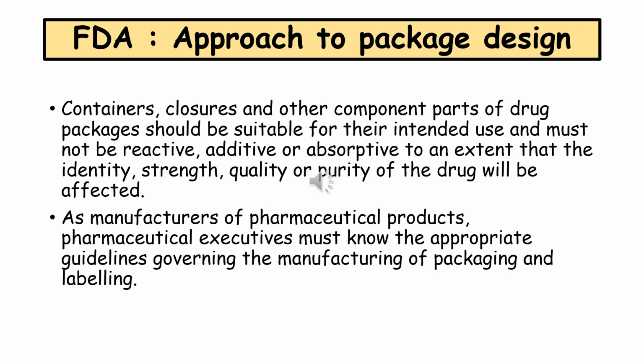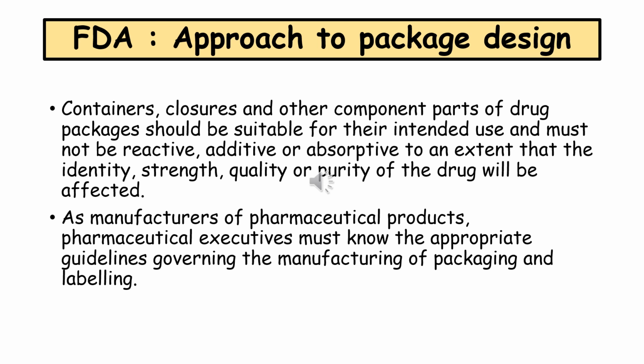As per the FDA recommendations or guidelines, the containers, closures and other component parts of drug packages should be suitable for their intended use and must not be reactive, additive or absorptive to an extent that the identity, strength, quality or purity of the drug will be affected. Means the containers and closures and all the packaging materials associated with that drug should be suitable.